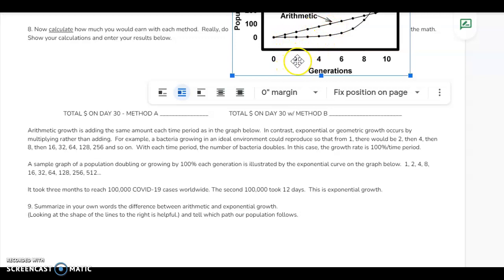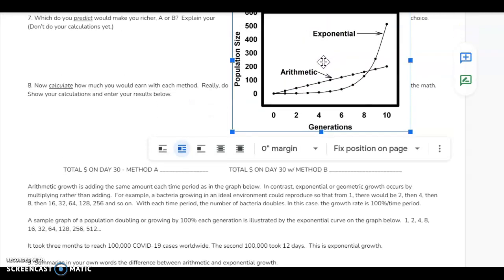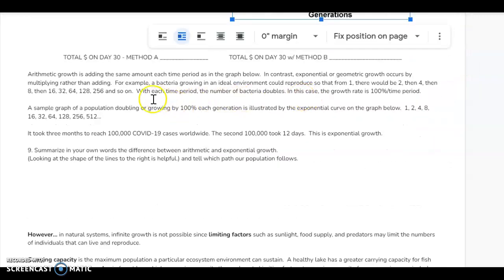And if you double from like 2 to 4 in generations, it looks like, let me see here. That's hard to read on this without lines. Let's not go that way. Okay, so you're adding the same amount in each time period.